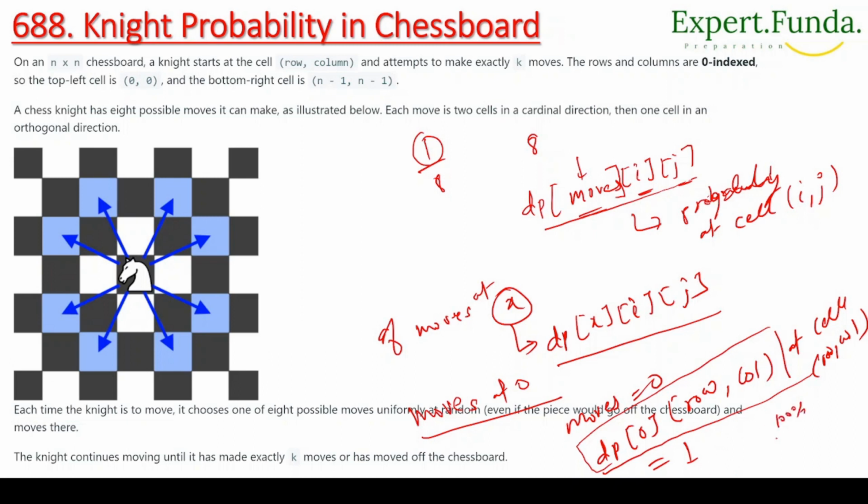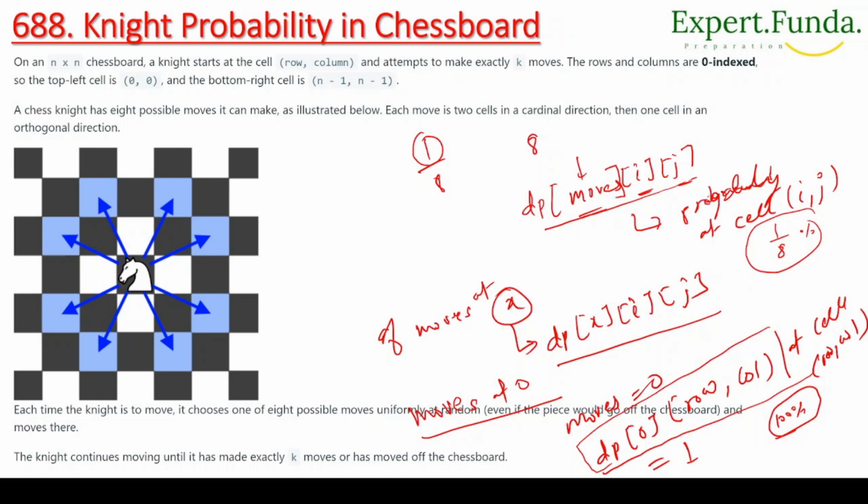We are not moving in any direction. If we were talking about the probability in percentage, 1 by 8 into 100, but here it is 100%. So that's why dp at 0, row and column is 1, and all other cells have probability 0, because we are not moving to other positions in this case.